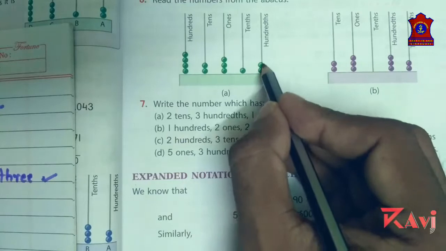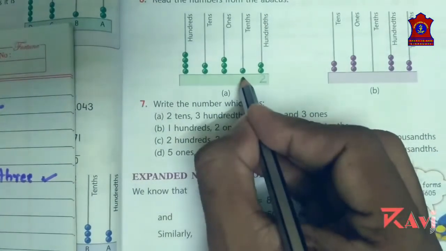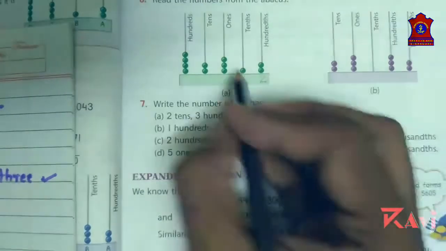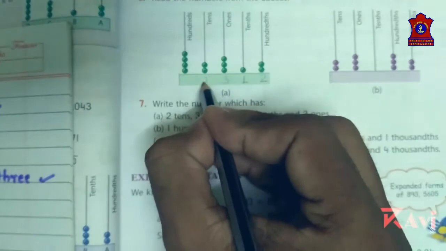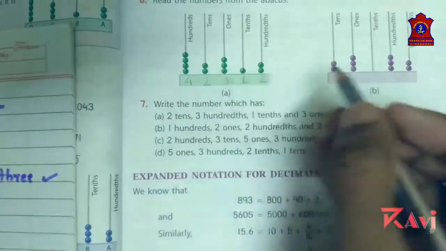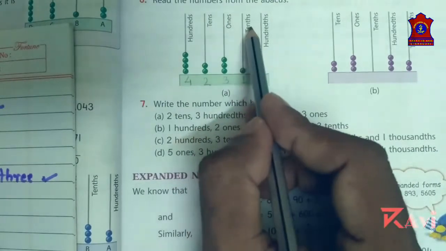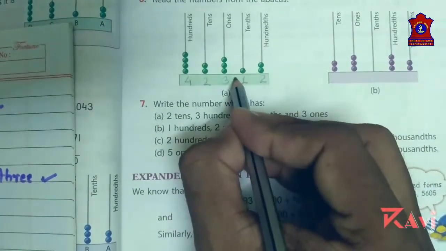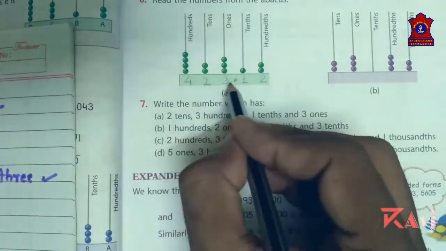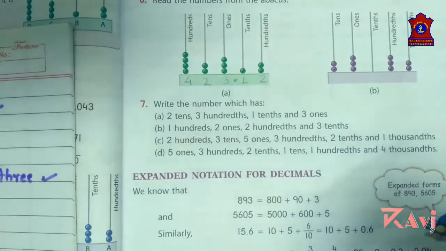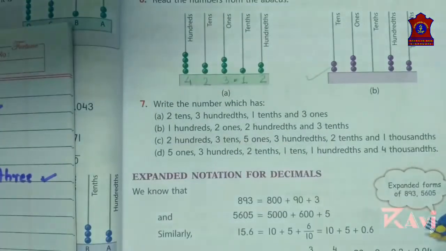How many beads are there? 1, 2. Right, 2. Here write 1. How many? 1, 2, 3 beads. 2, 4. See, you need to put a decimal in between ones and tenth. So put a decimal here. Clear? So the value is 423.12. Clear? So do question number B by yourself.